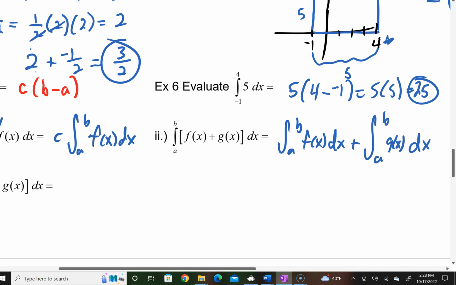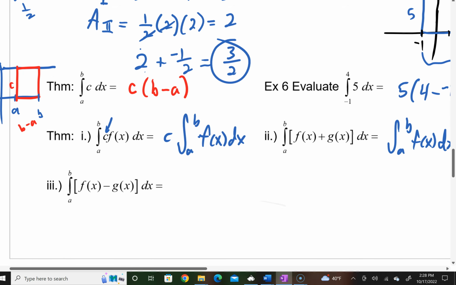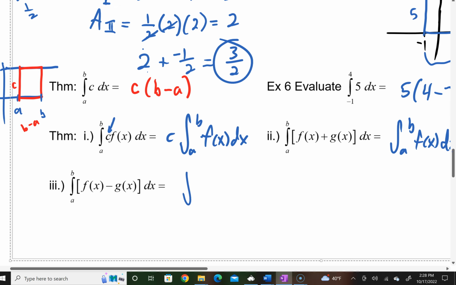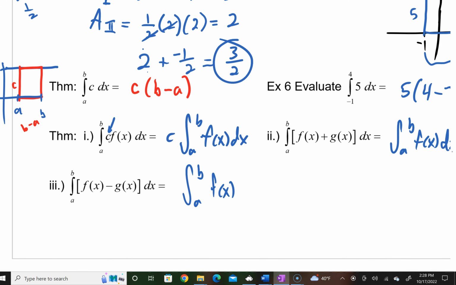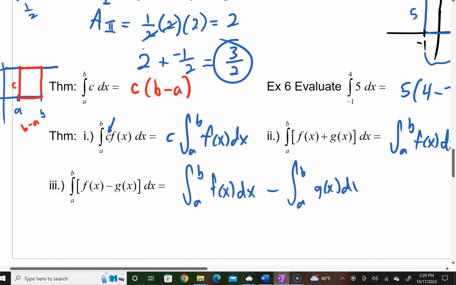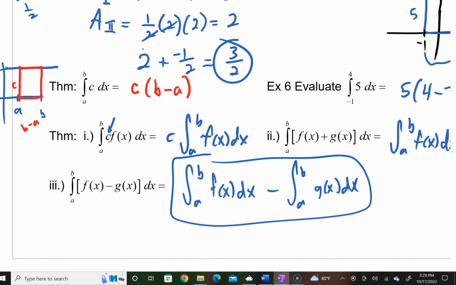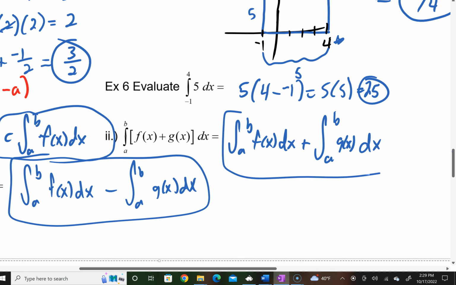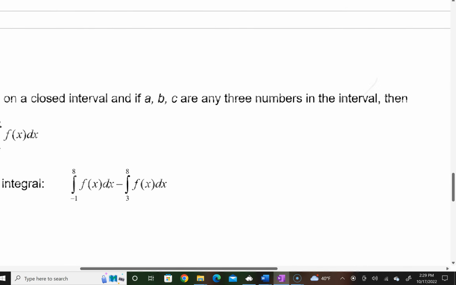No, but that is a valid property. Likewise, if you have subtraction, you could say, well, that's from a to b of f of x dx minus from a to b of g of x dx. Okay, so we've got those. Good properties to know. We're going to keep referring to properties like this all throughout the year.